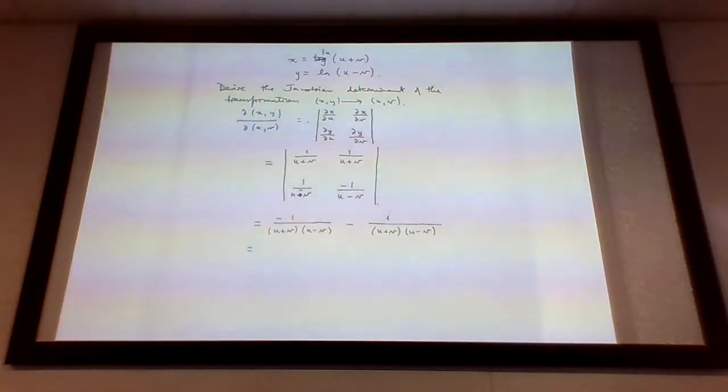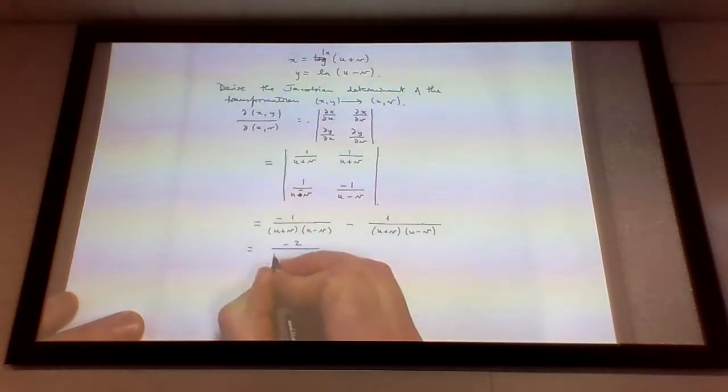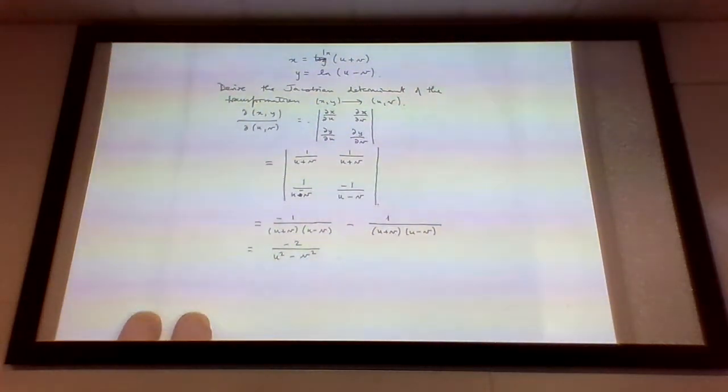Of course, you recognize the denominators are the same, and it's maybe more natural to write that as minus 2 over u squared minus v squared, that is, u plus v times u minus v.